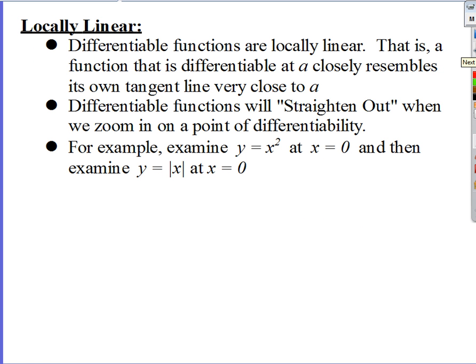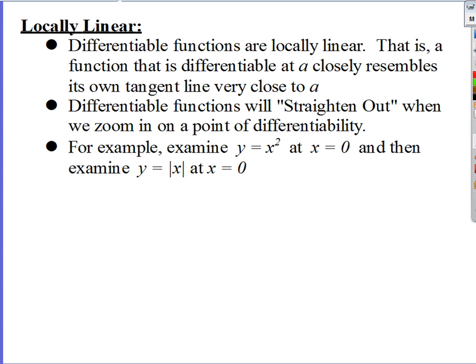Locally linear. This is fabulous because we're saying that differentiable functions are locally linear. In plain English, that means if I take a function and zoom in on a point, closer and closer, and it starts straightening out into a straight line, then it's differentiable.